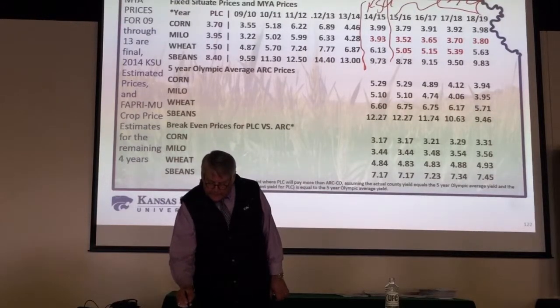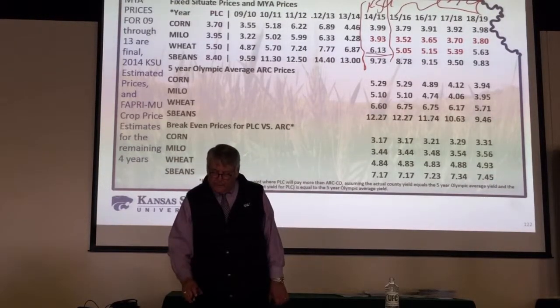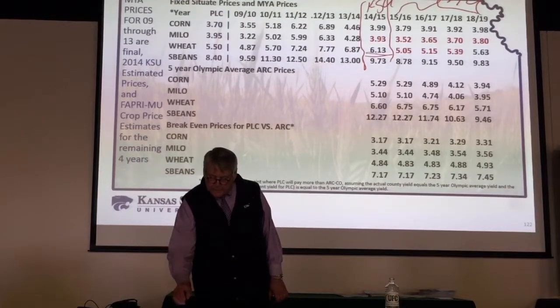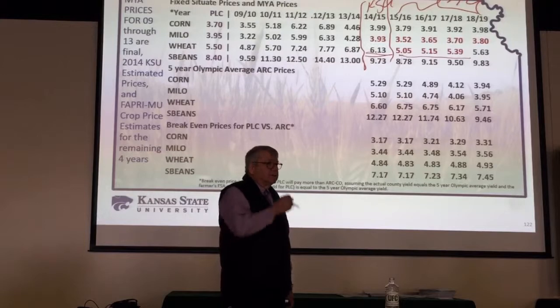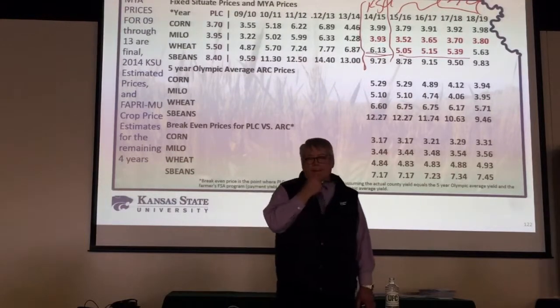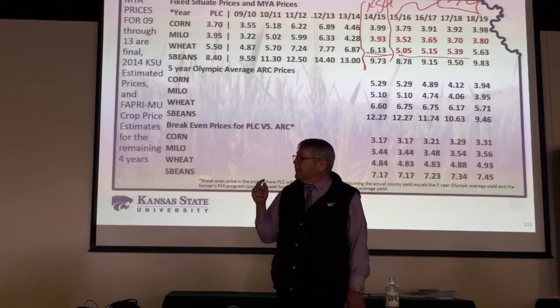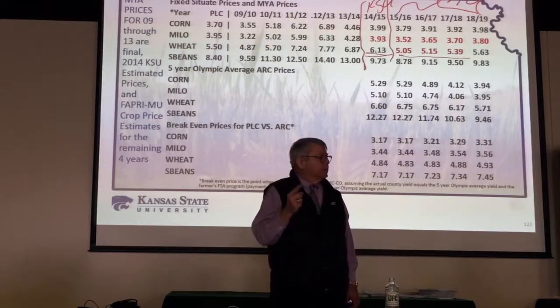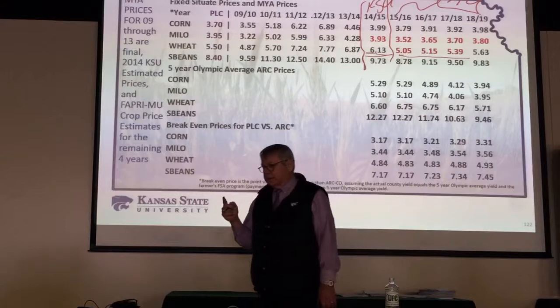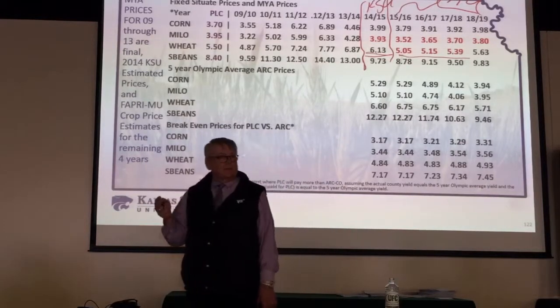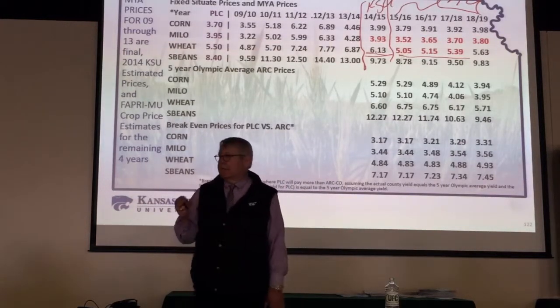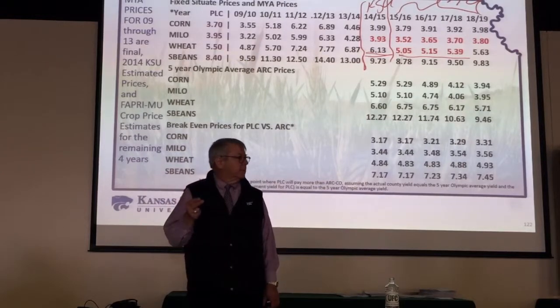At 613 on the wheat, there would be no payment in the first year. Now, Fabry's expecting much lower prices out here in the future, which would generate payments on the wheat. I'm not so sure I agree with them on this, and here's my logic. It's hard to really drive down wheat prices without driving down corn prices, because what happens out in the Great Plains when wheat gets cheap?